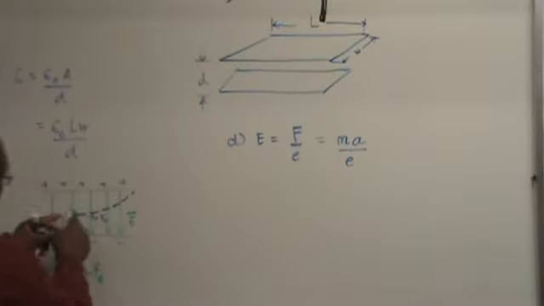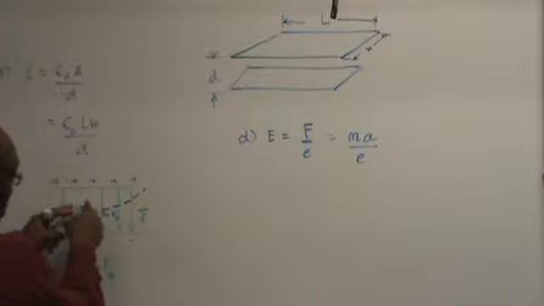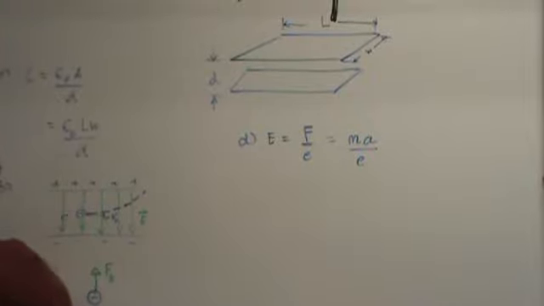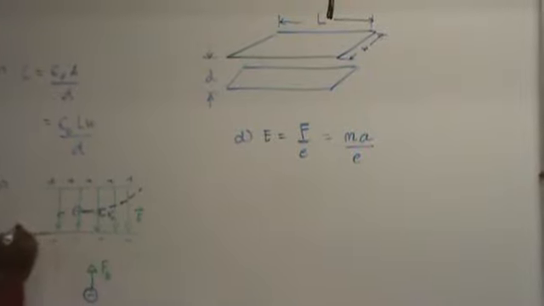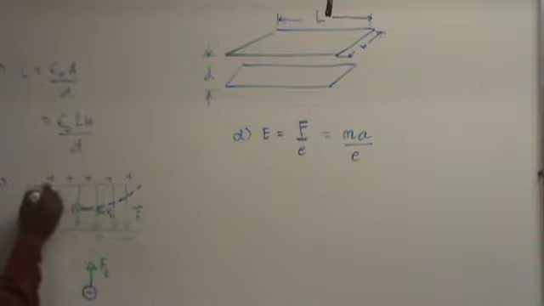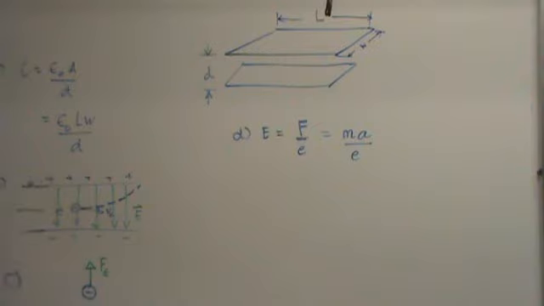Now, since we have parabolic motion, what we know is that from here to here, that's d over 2, because it said it's midway in this thing.